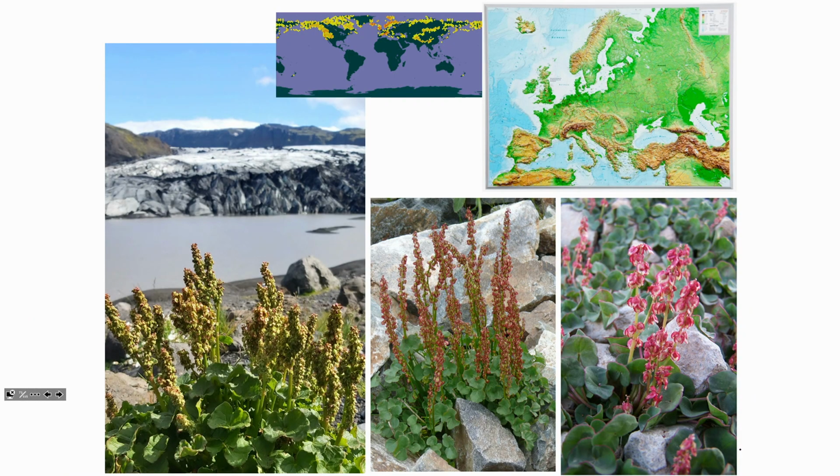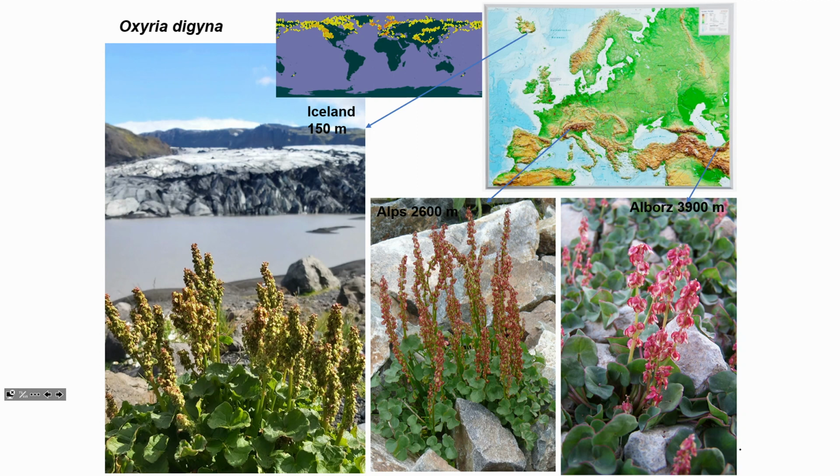For widely distributed alpine species, I will show you one you probably know, Oxyria digyna, a widely distributed alpine species, usually in scree habitats. I saw it, of course, in Alborz, and in the Alps and Iceland.